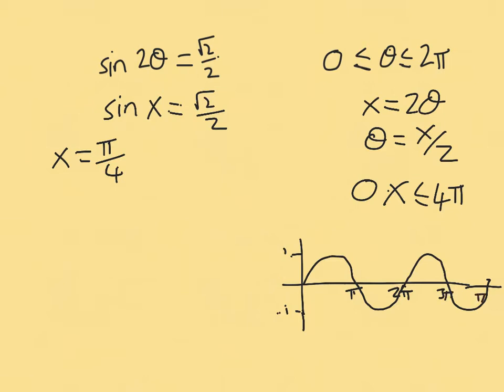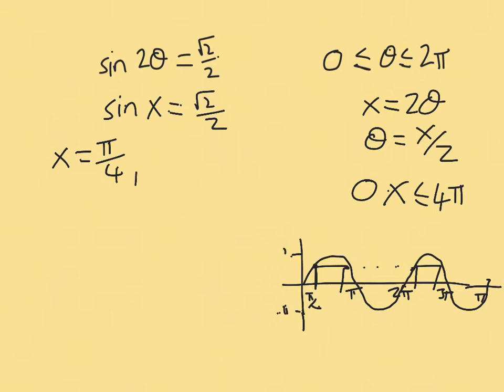There's pi over 2, there's pi over 4. Look at the symmetry. There are our solutions. And hopefully, using the graphs, it's always the easiest way really to find your multiple solutions.